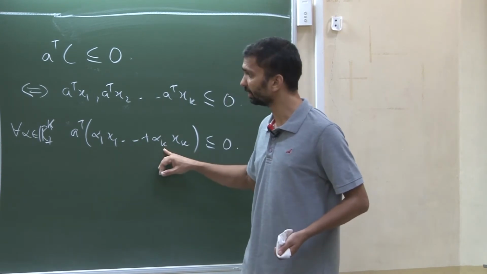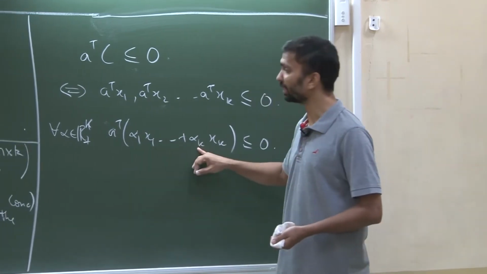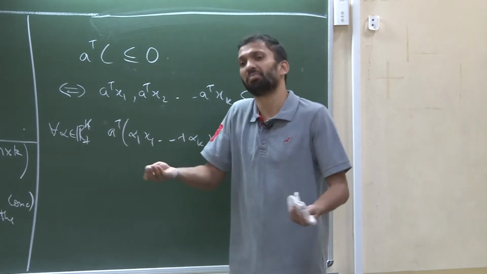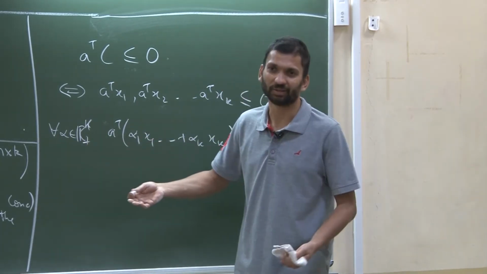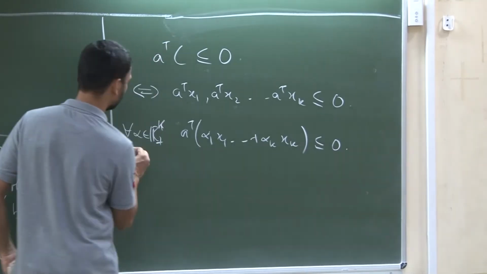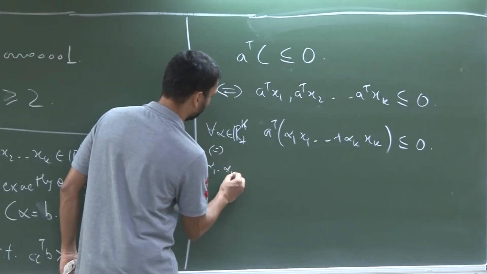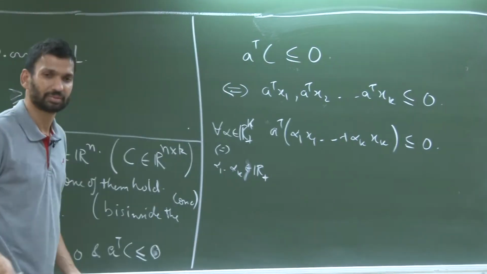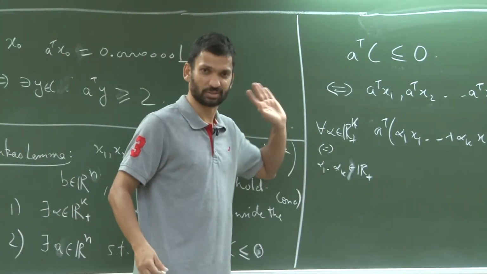Yeah, alpha 1 to alpha k are constants. So k of them, I can think of them as a vector in R^k. That's why I have just written alpha. It's just shorthand. Yeah, this is the same as saying each of them is an element of R plus. Just wanted to be lazy. Okay.